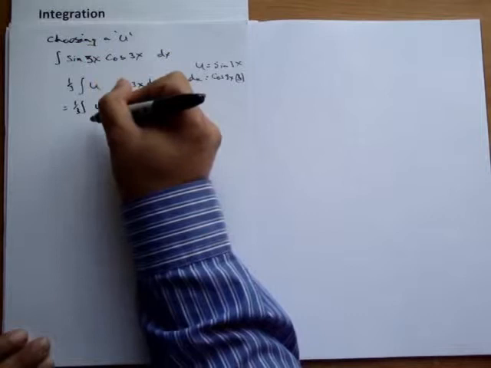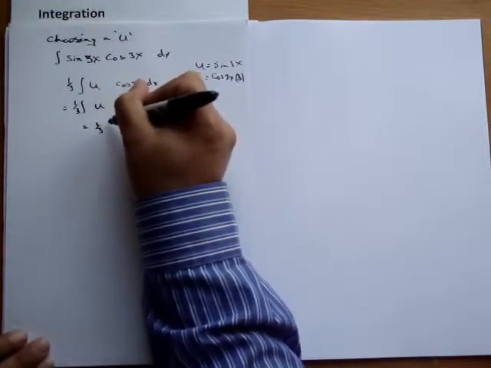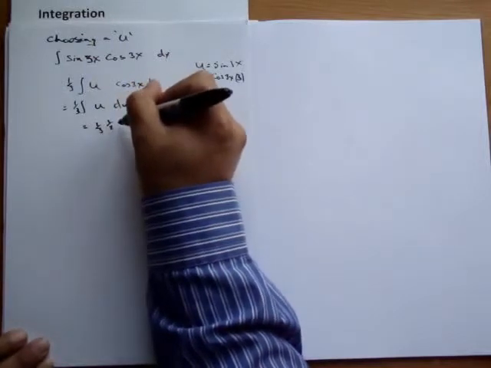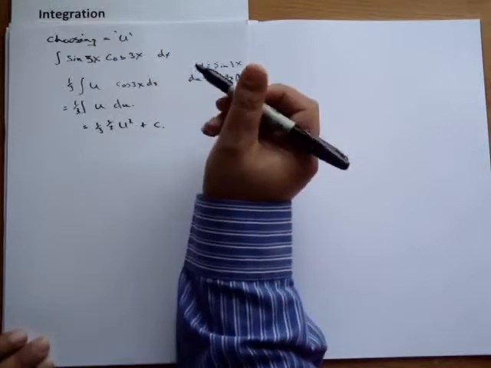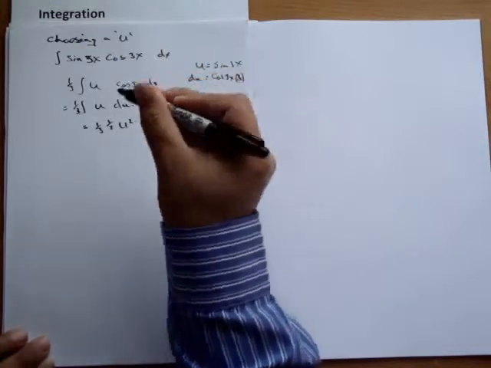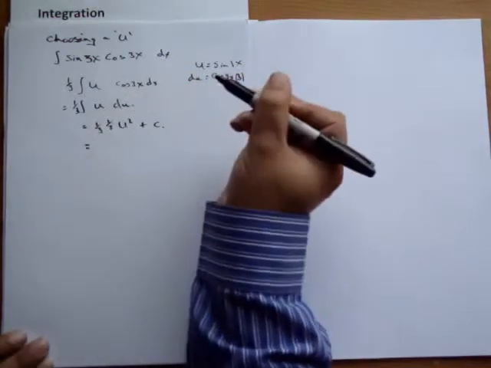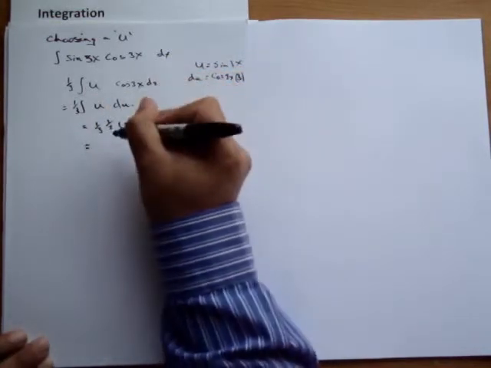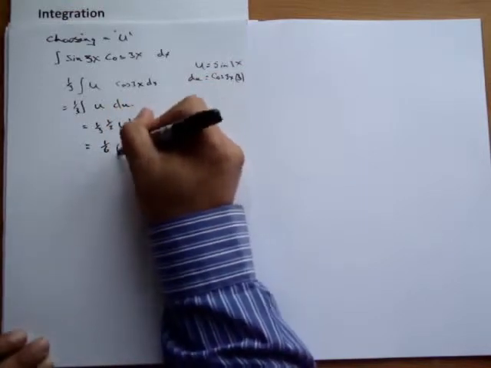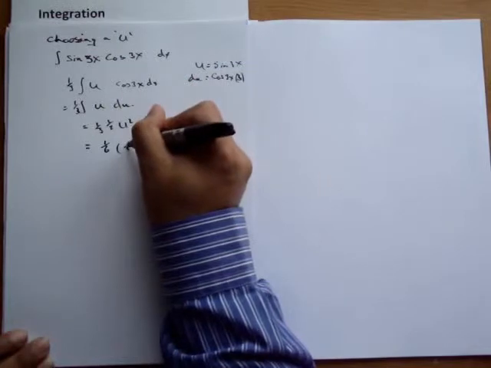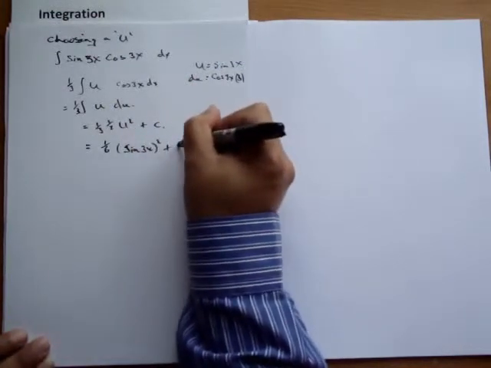When we integrate that, we get 1/3 u squared over 2, so that's a half u squared plus c. And then when we replace our u with our original x's, we get 1/6, 1/3 times a half is 1/6. The u is sine 3x, and that's all squared plus c.